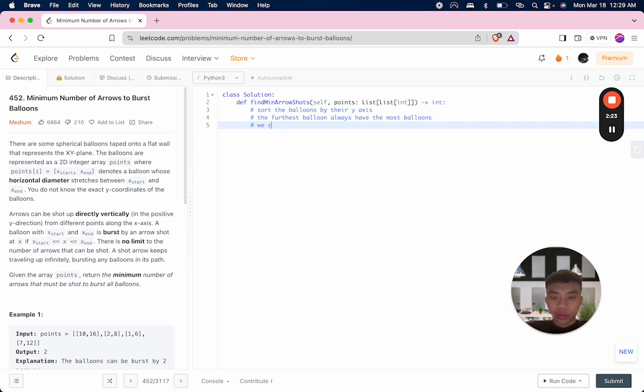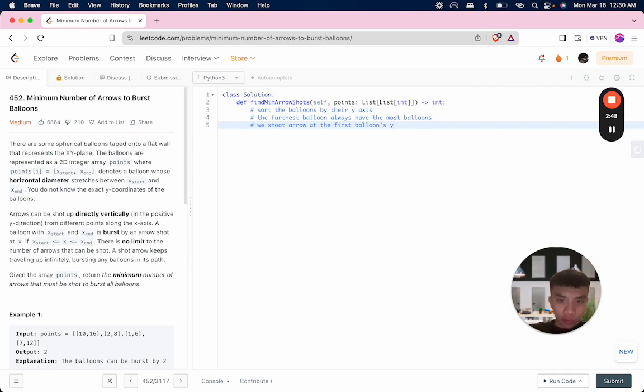Then we shoot an arrow at the first balloon's Y. We shoot an arrow at the first balloon's Y because our first balloon is the furthest out balloon, and its y-axis is at the end of the furthest balloon. So this is the furthest we can go.